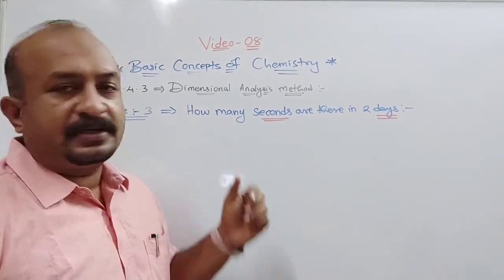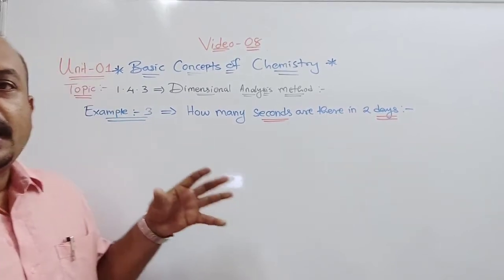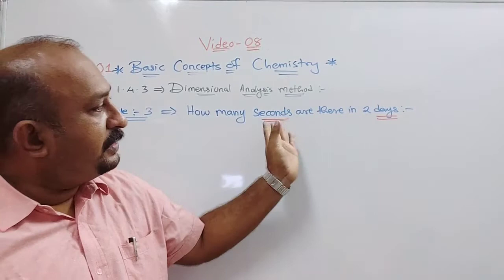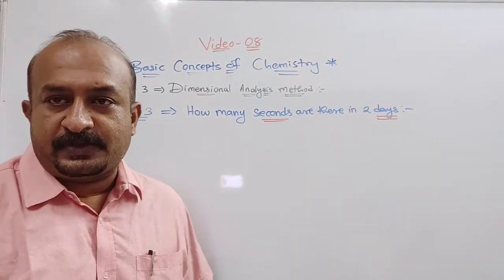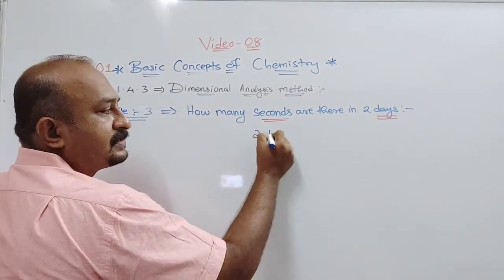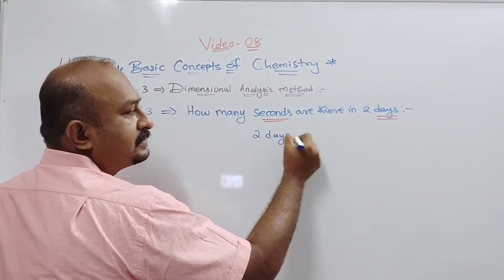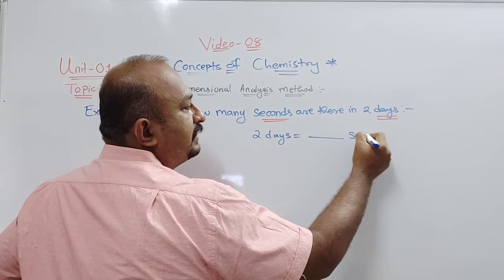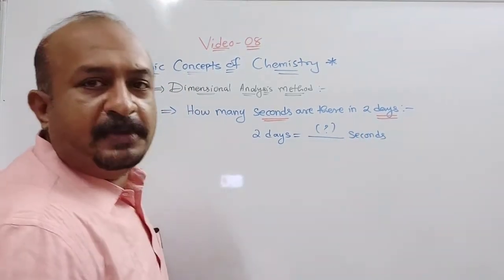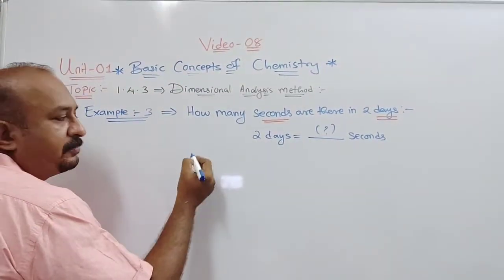Now here you can see one third example. What is the question? How many seconds are there in 2 days? What is given? Now what is the meaning of that? Means this 2 days has to be converted into seconds. So you must know the formula. Now we will use 3 formulas here.